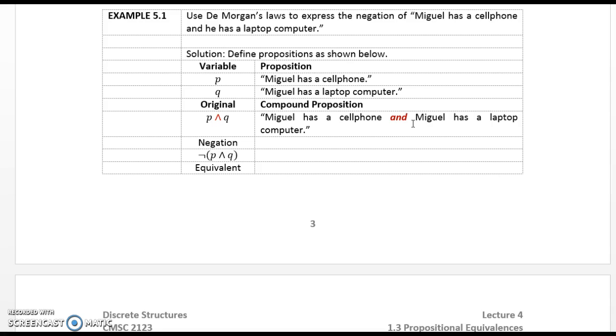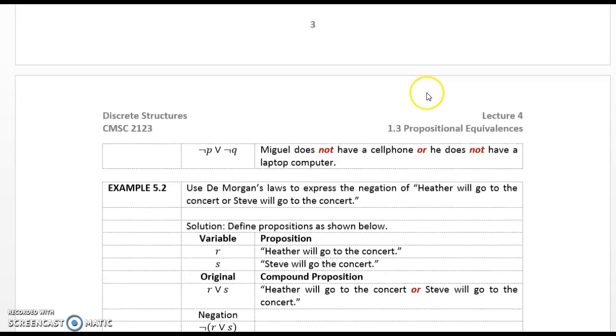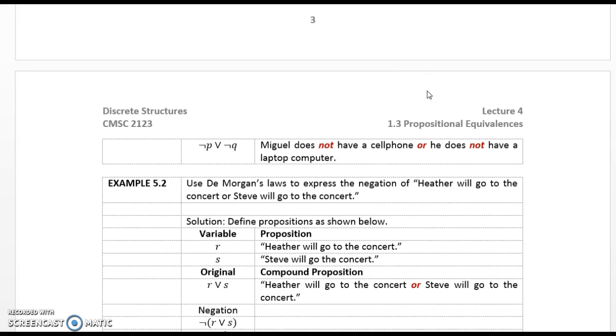Original, P and Q, Miguel has a cell phone and Miguel has a laptop computer. Negation, the complement of P and Q. Miguel does not have a cell phone, or he does not have a laptop computer, which in logical connectives is not P or not Q.